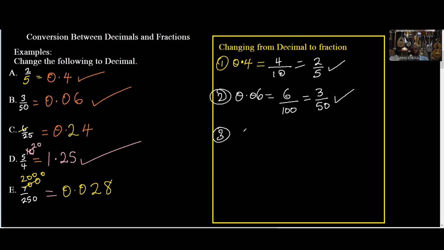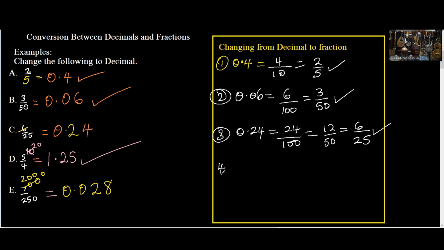So the third one, we have 0.24. We write the number 24, then we divide by 100 because there are two digits after the decimal. Then we reduce it to lowest term. If we use 2 first, 2 here, 12, 2 here, 50. We use 2 again. This is 6 over 25. Is that clear?